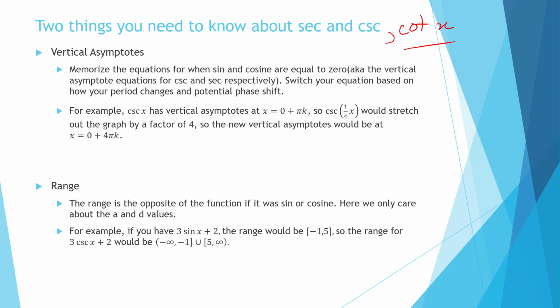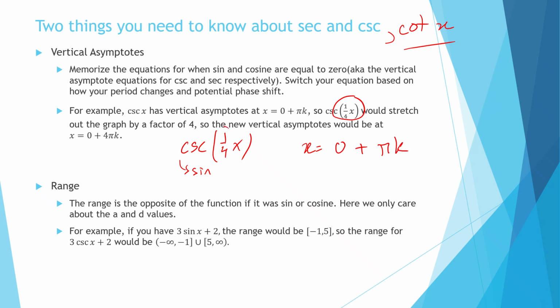Memorize where they're equal to 0, and then shift it based on your b value. So for example, if we said, what is the vertical asymptotes of cosecant of 1 over 4x? Well, I know cosecant's reciprocal is sine. And I know sine is equal to 0 at x equals 0 plus pi k.